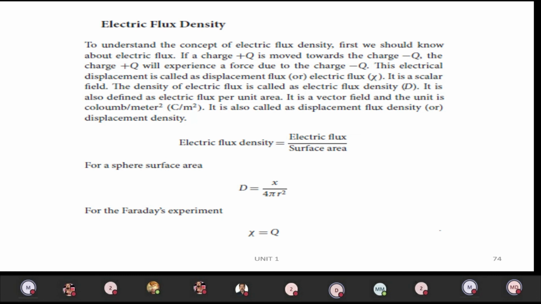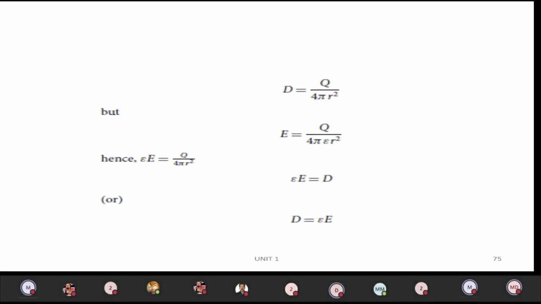We know that for a sphere, flux per 4 pi r square, from Faraday's experiment, the total flux equals the total charge. So instead of flux, I substitute Q. Then D equals Q by 4 pi r square. For electric field, E equals Q by 4 pi epsilon r square, so epsilon E equals Q by 4 pi r square.